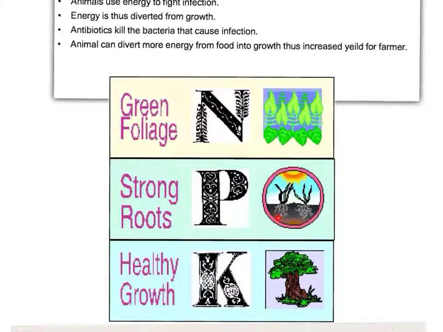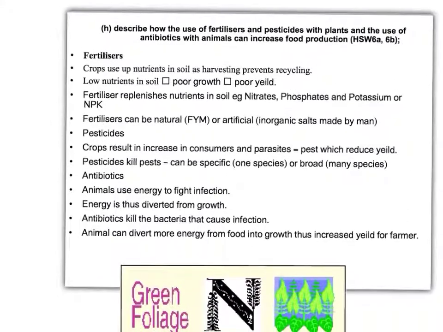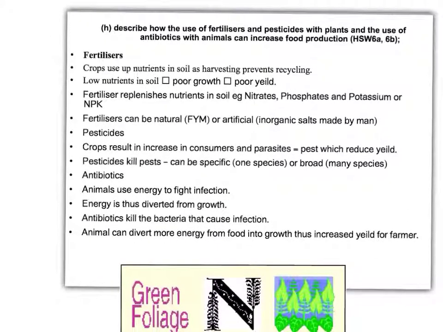Phosphates are important for producing strong roots, which absorb nutrients from the soil. Potassium's important for healthy growth. So those are all elements which are contained in fertilizers. Now, where do we get fertilizers from?